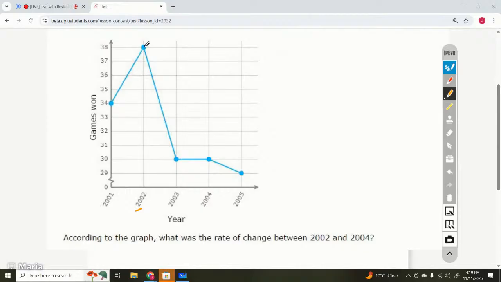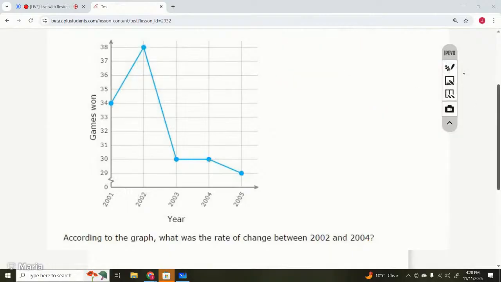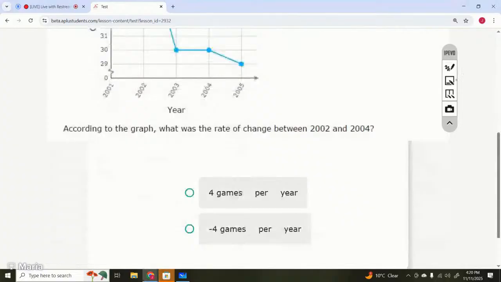So in 2002 it is 38, right? And in 2004 it is 30. So we need to calculate the rate of change between 2002 and 2004. That would be 30 minus 38, because in 2004 it is 30, and the difference in time is 2 years. So that is negative 8 over 2, which equals negative 4. So the rate of change is negative 4 games per year.